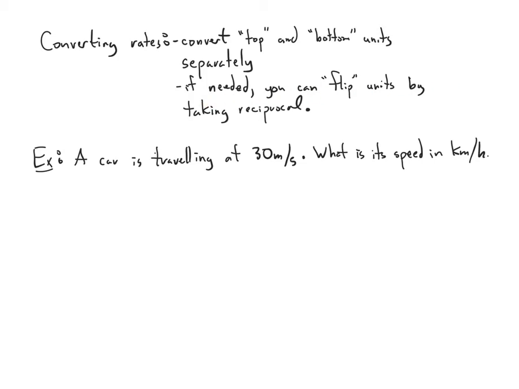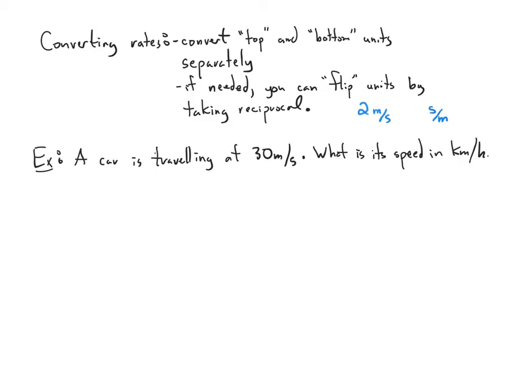But if needed, you can flip units by taking the reciprocal. And what do I mean by this? Well, let's say something was traveling 2 meters every second. I can convert this to seconds per meter. If it's going 2 meters a second, how many seconds does it take per meter of distance traveled?